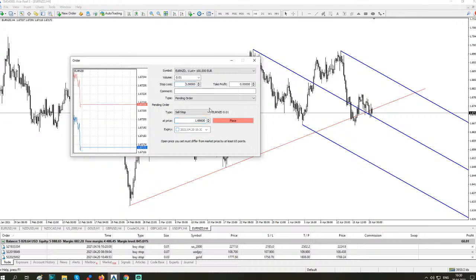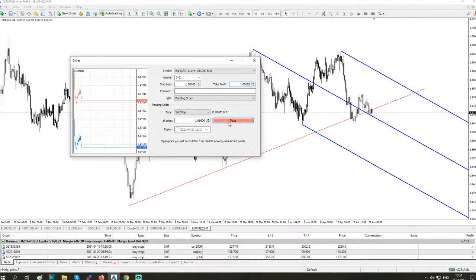We'll use two take profits on this sell stop. That's why I will open two trades, one for each take profit. So the stop loss is at 1.6810, and our first take profit will be at 1.6510.